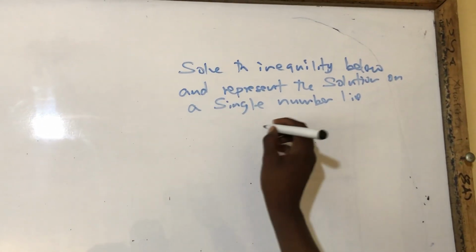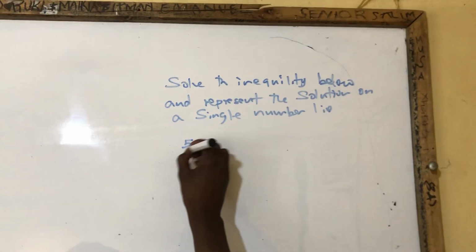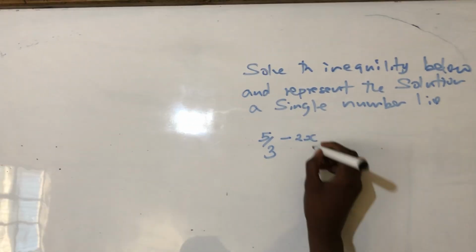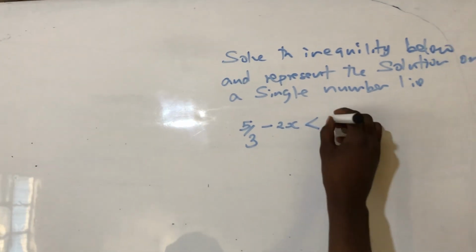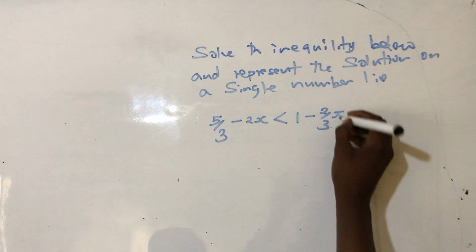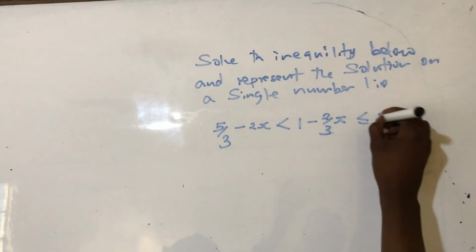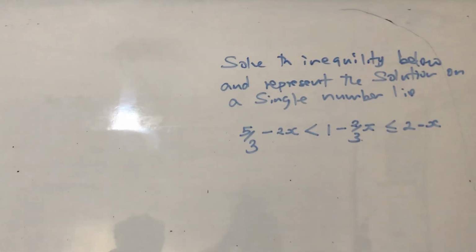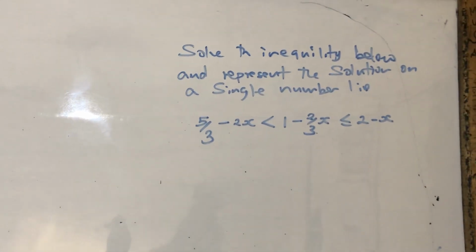What do we have? 5 all over 3 minus 2x is less than 1 minus 2 over 3 of x, less than or equal to 2 minus x. How will this be solved?